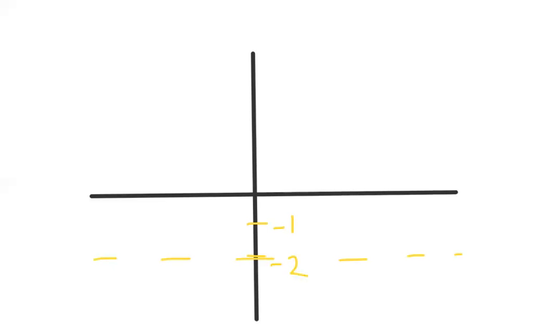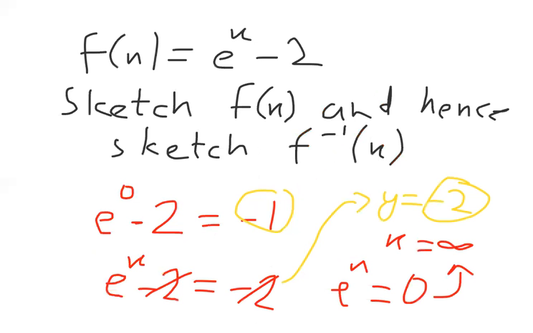Our graph was e to the power x minus 2. So if you find the first derivative, that is positive, so an increasing function. So the function would be somewhat like this. Now over here we have an x-intercept. To find the x-intercept, the function should be equal to 0.